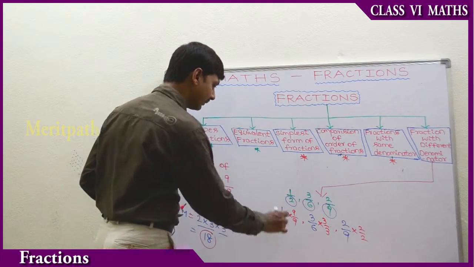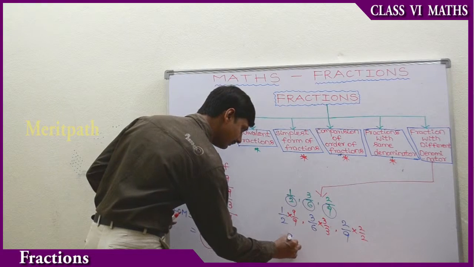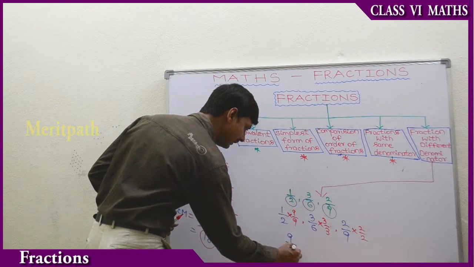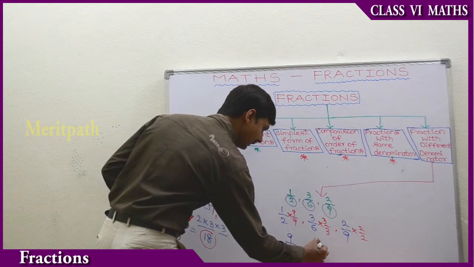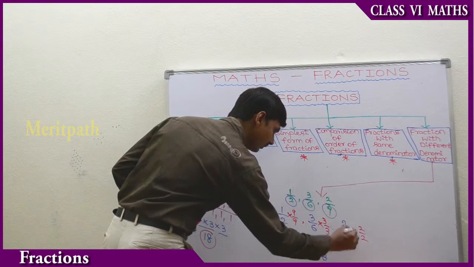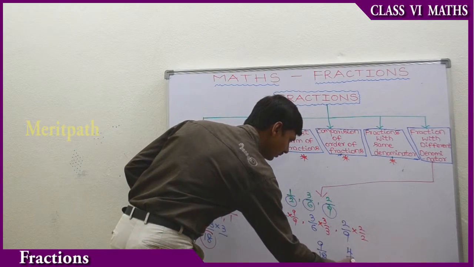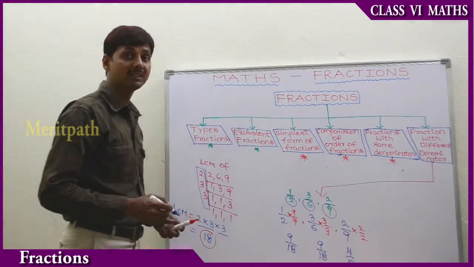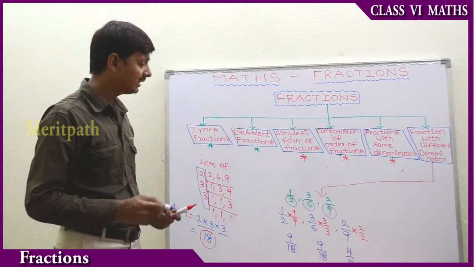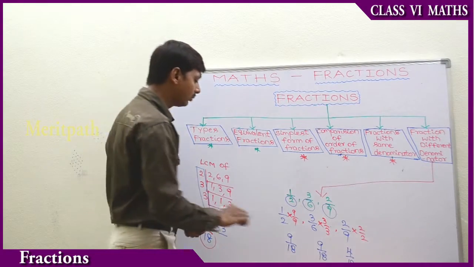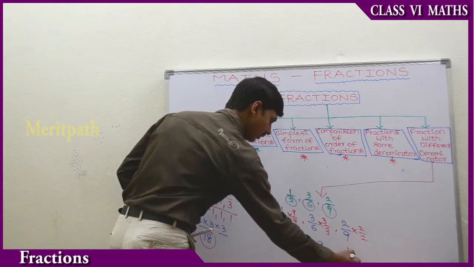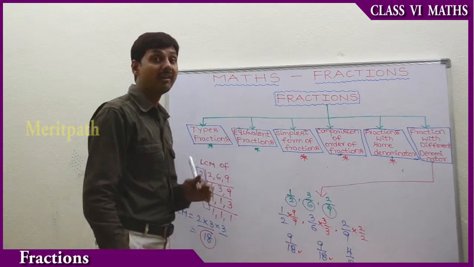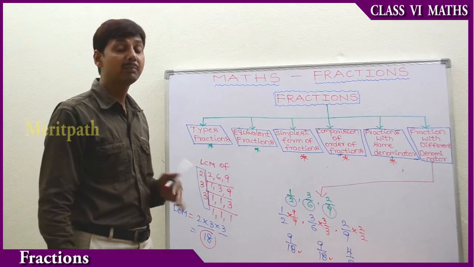Let's simplify this. 1 into 9 is 9, and 2 nines are 18. 3 into 3 is 9 by 18. And 4 by 18. Let's check the denominators of all the fractions: 18, 18, 18. All the denominators are equal, so these are called like fractions. Like fractions can be compared.